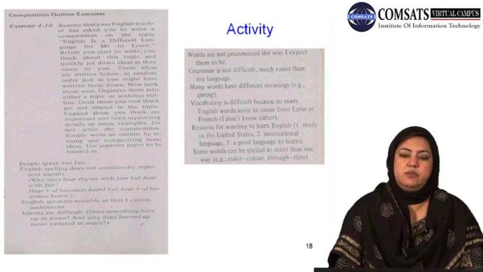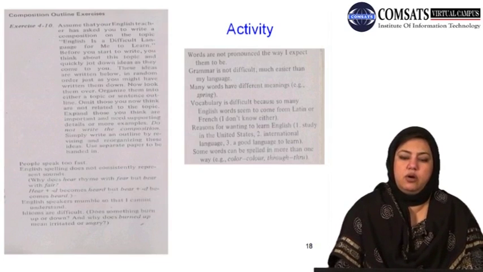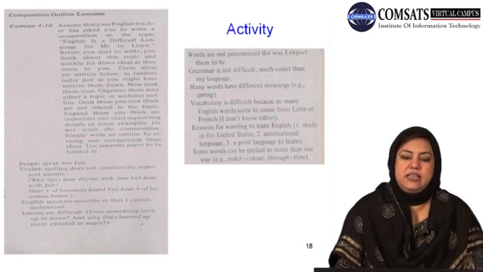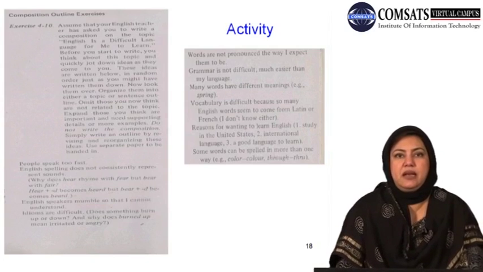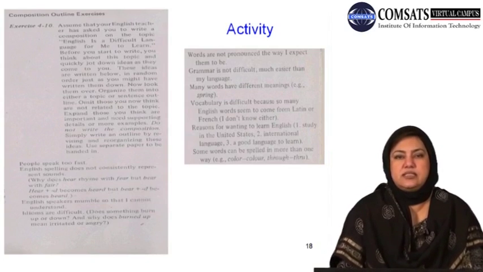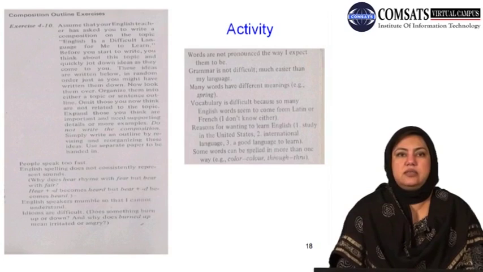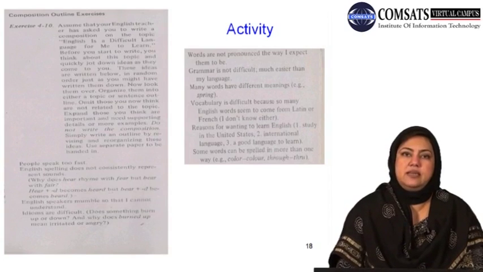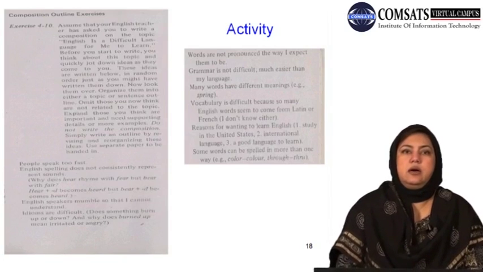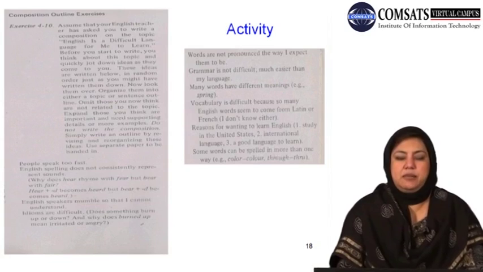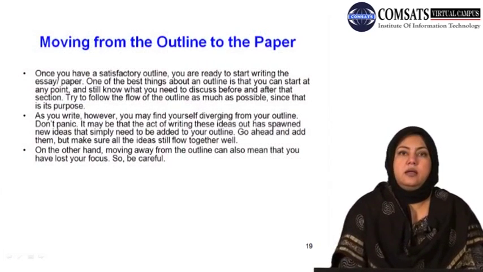I hope this activity would help you have some clarity on how an outline can be developed, and with that practice you would be able to apply the rules of developing an outline when it comes to doing your assignments, your quizzes, and then your final examination paper, where as a rough work you can do the outline before you really go for your actual answer for any academic question.